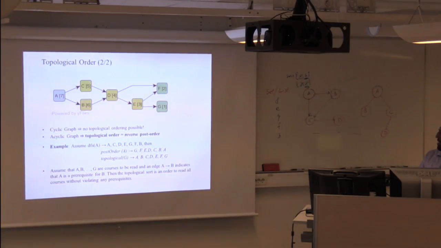If a graph contains cycles, we cannot find which one is the predecessor and which the successor, because there is a loop, there is a cycle. So you can simply say that topological order is not possible because it's a cyclic graph. We can find the topological order only if the graph is acyclic, with no cycles.